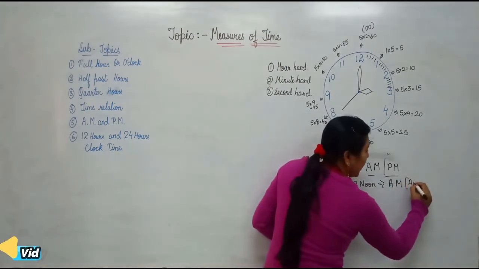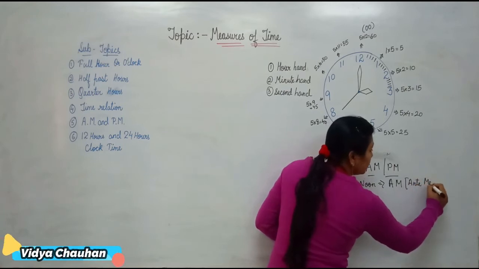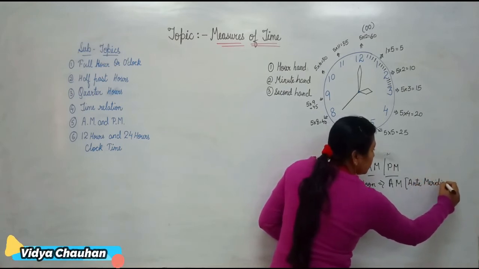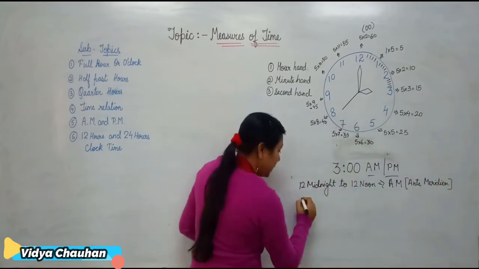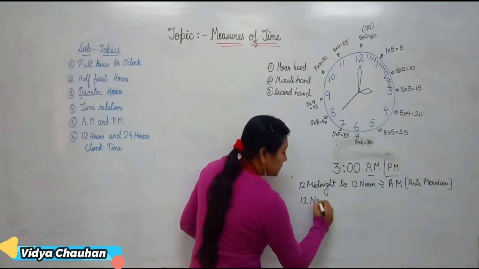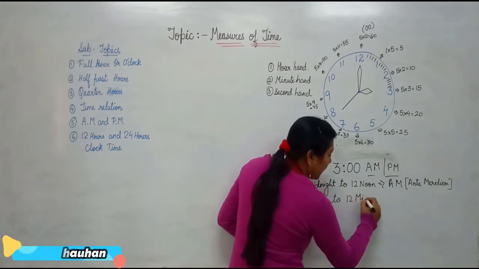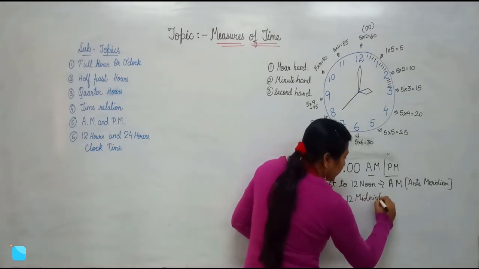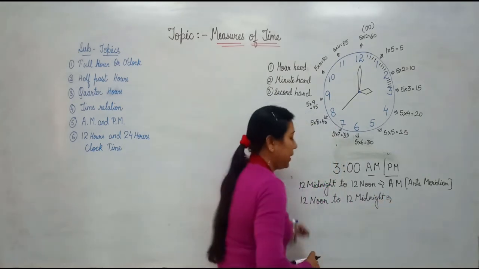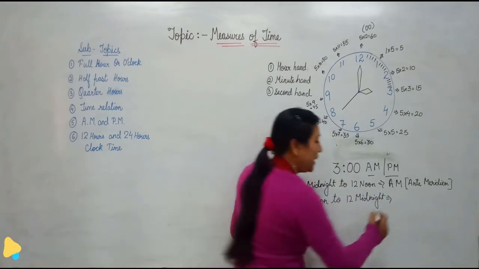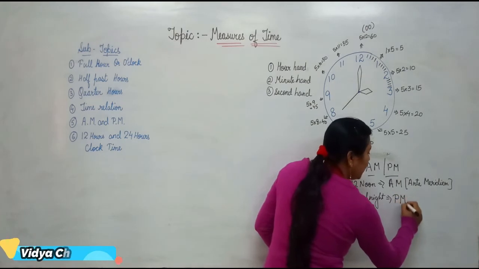Full form, ante-meridiem. Second, from 12 noon to 12 midnight. For the time between 12 noon to 12 midnight, we use PM.